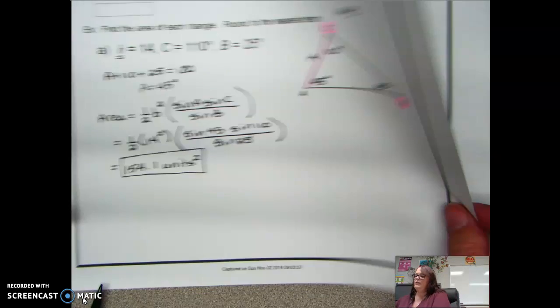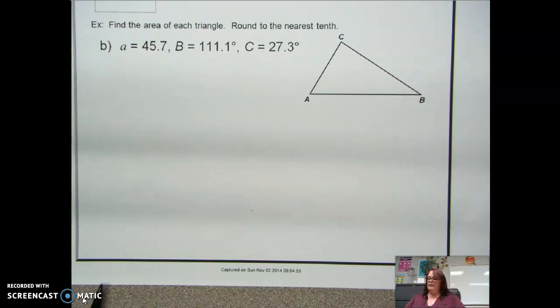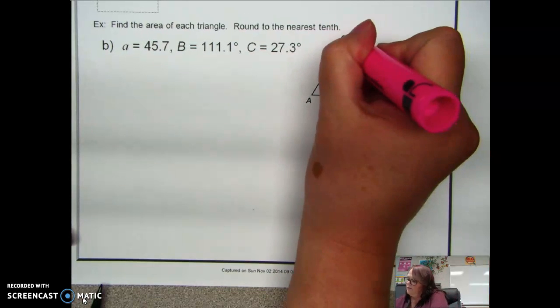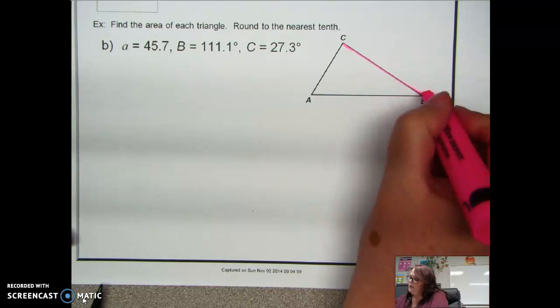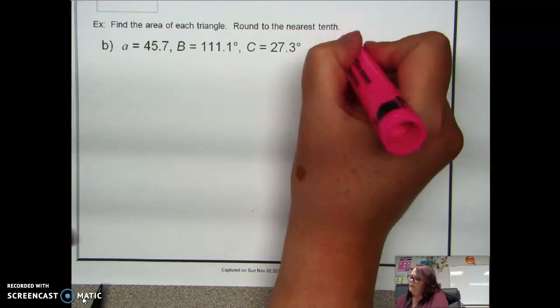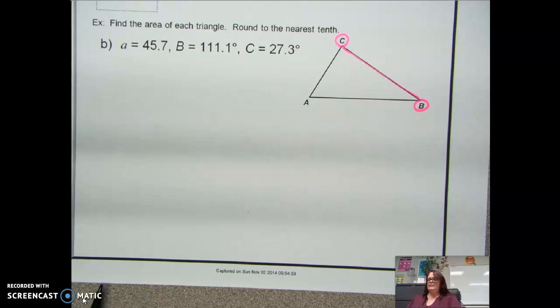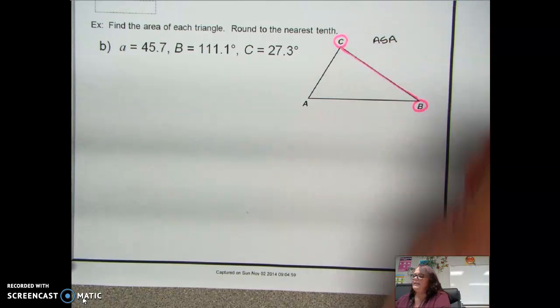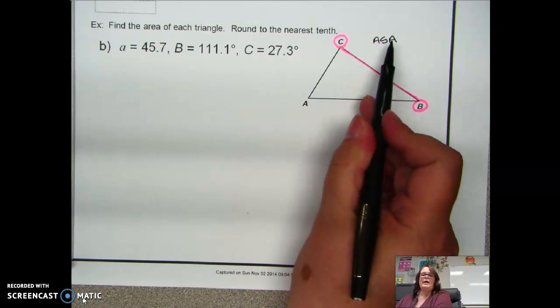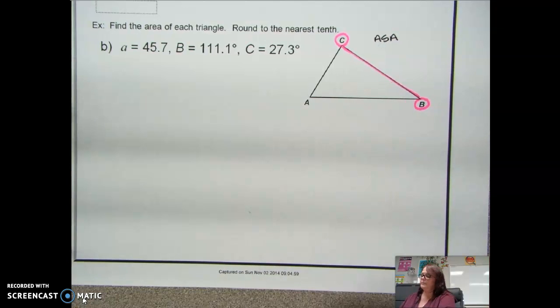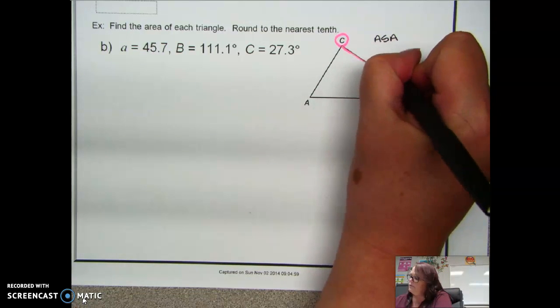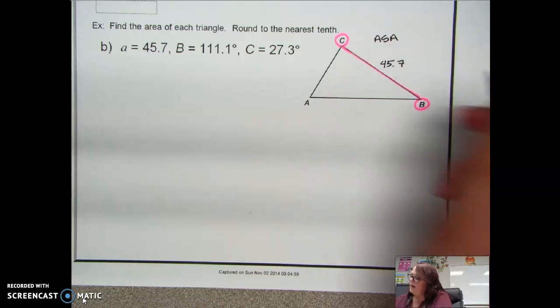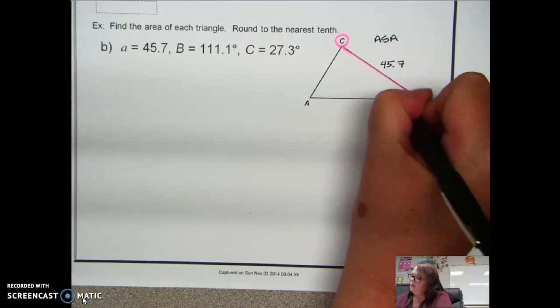So then if we take a look at the final example, they're giving us the measure of side a, they're giving us angle B, and they're giving us angle C. So notice in this case, this is the measure of two angles and the side that connects the two angles. So the side touches both of the angles. So I've got little a is 45.7. I have big B is 111.1.